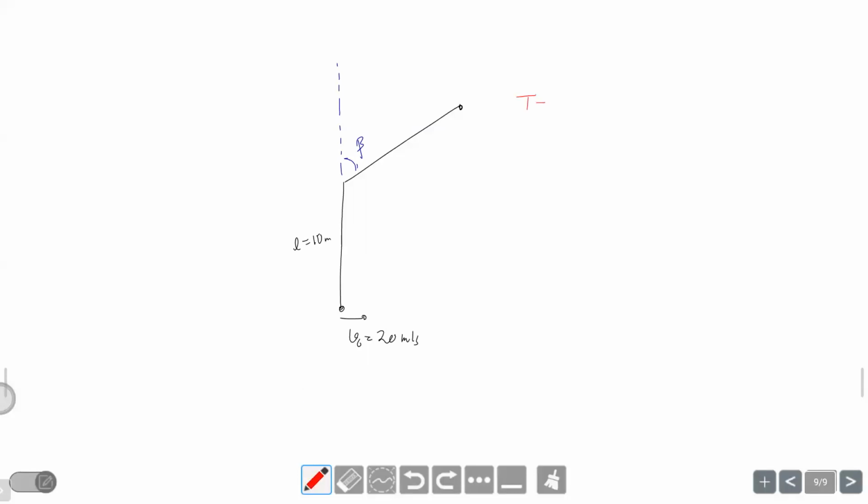Here if the tension becomes 0, that means the condition for tension to become 0 is that mg cos theta is equal to mv square by L. That's our first equation. And work-energy wise, this is the height to which the particle has risen.